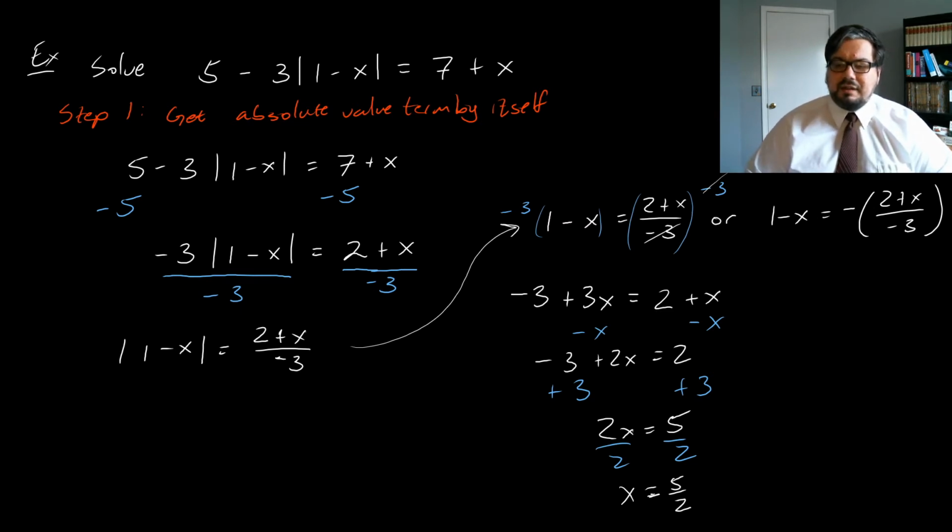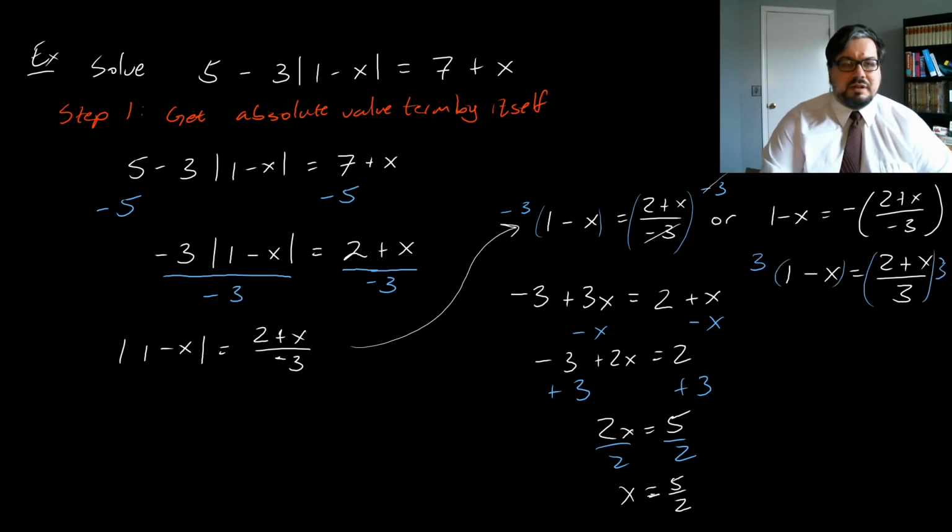Now on the right-hand equation, the negative on the outside of the fraction will cancel with the negative 3, so we'll just be left with 1 minus x equals 2 plus x over 3. We'll multiply 3 on both sides to get rid of the fraction, make things easier, and we'll be left with 3 minus 3x is equal to 2 plus x. And we'll go through the same thing.